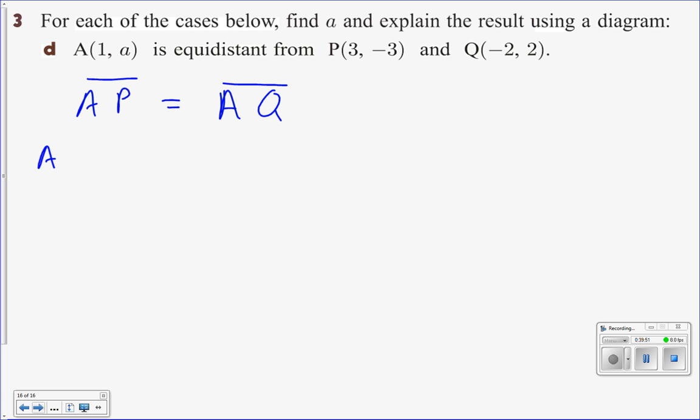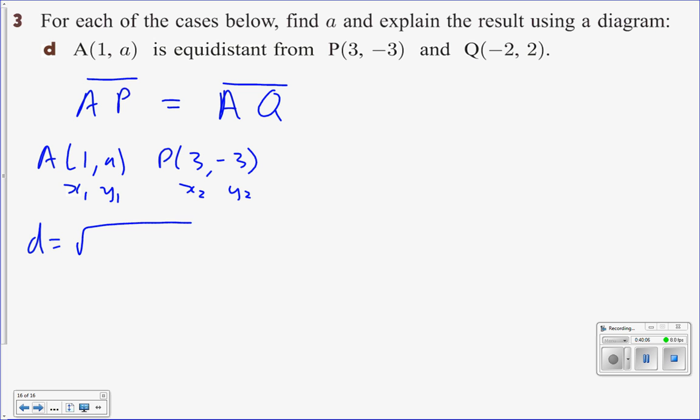AP. So A, which is 1A, and P, which is 3, negative 3. So x1, y1, x2, y2. So now we can work out a distance there. Square root x2 take x1 squared plus y2 take y1 all squared.